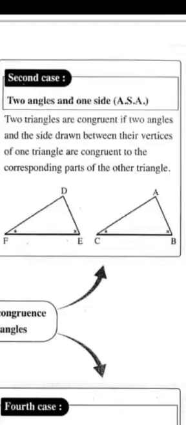The second case is two angles and one side. Two triangles are congruent if two angles and the side drawn between their vertices are equal.